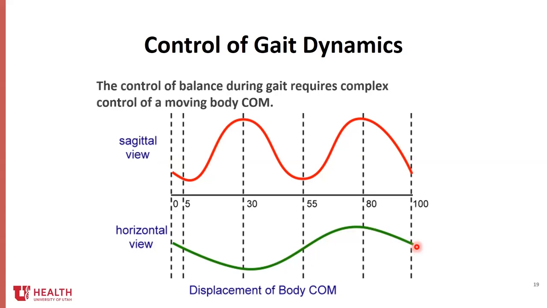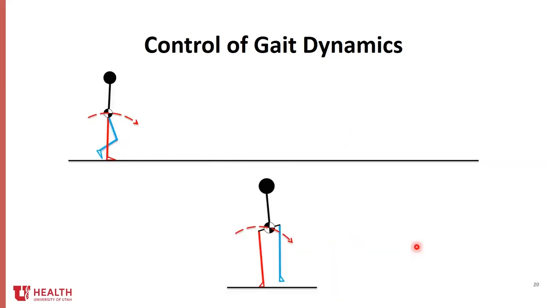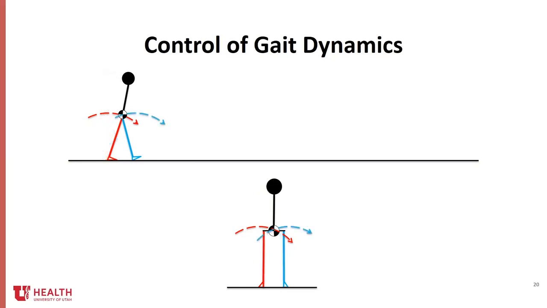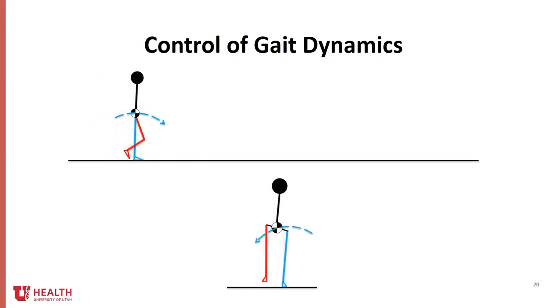This means that the control of balance during gait requires complex control of our moving center of mass. To illustrate this, we can look at how that center of mass, shown here in the white and black circle, moves as someone walks. And you can see that it falls forward with each step, and it falls a little bit to the left or right. And as someone continues to walk, it's going to continue to oscillate in these sinusoidal patterns.